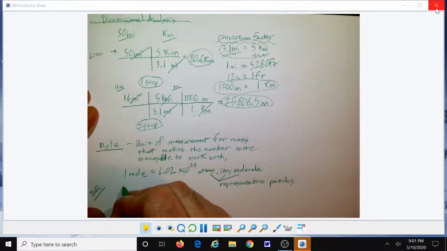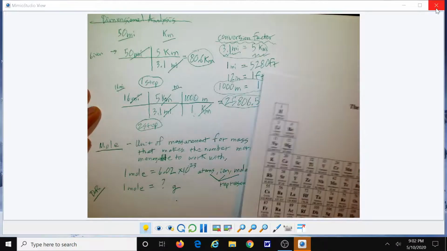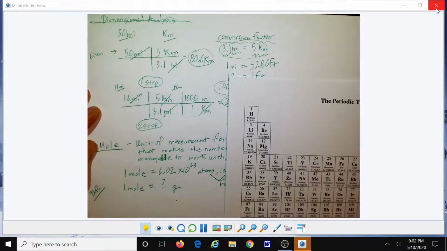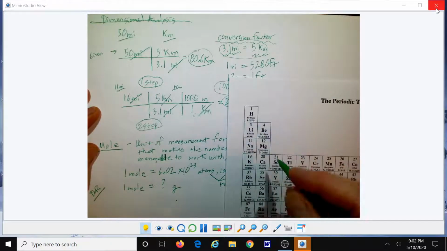Another one that you can have is that 1 mole is equal to, we'll do the gram one first, and I like to call it question grams, because that question mark can vary depending on what element you have. So for example, if we take a look at the periodic table, let's pick something with an easier number to work with.